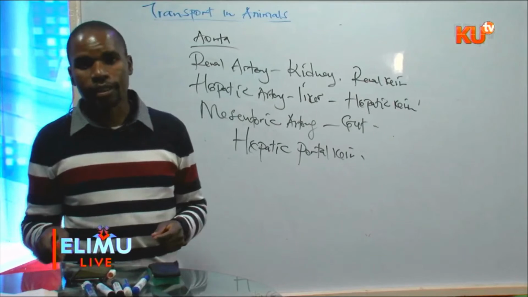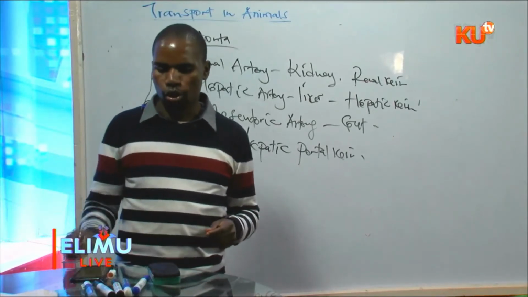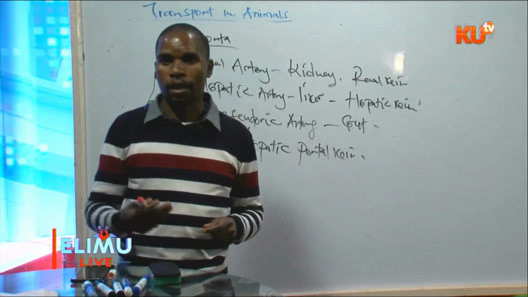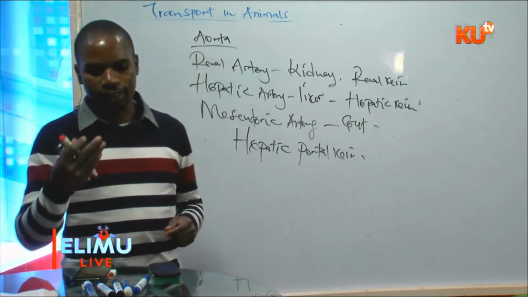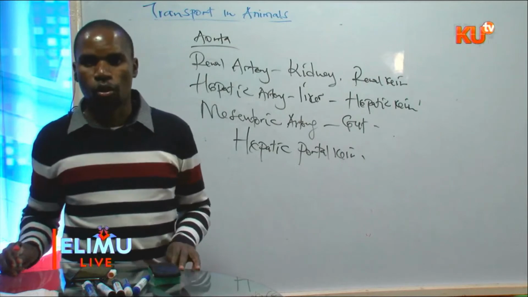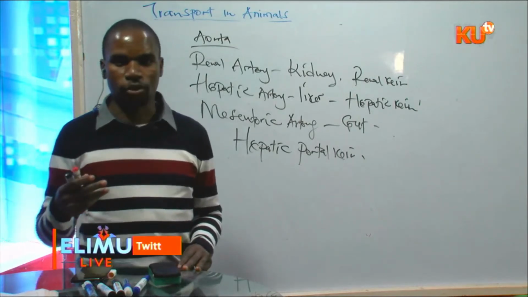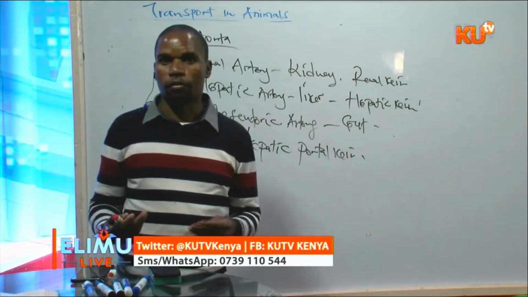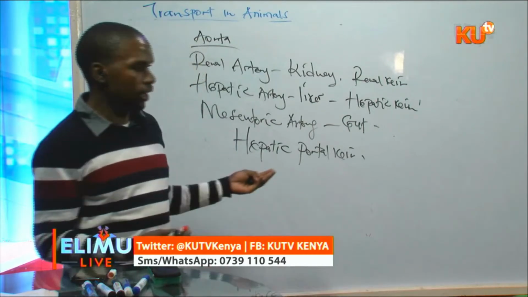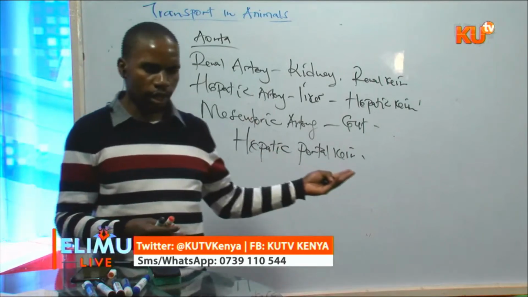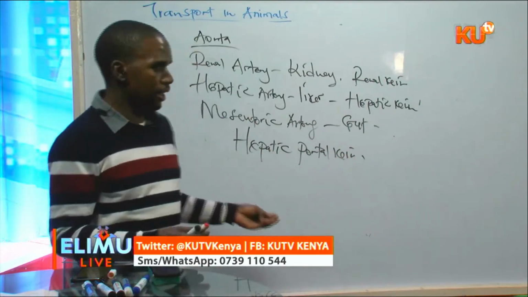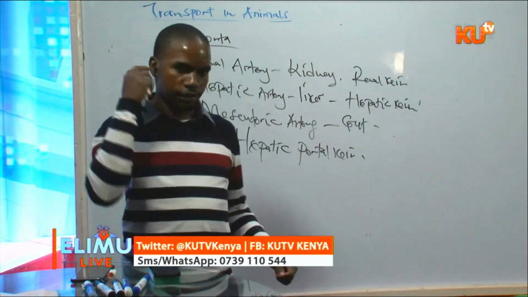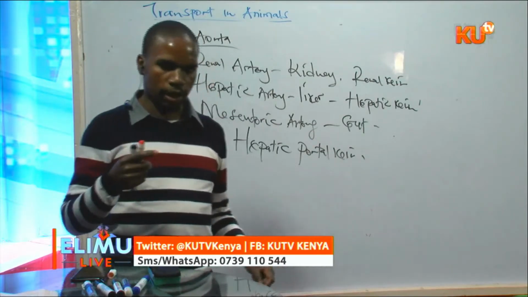What you ought to know is that all valves act as a prevention of backflow of blood. So when you are asked, you just ought to know where the valves are located. For instance, the bicuspid valve or the mitral valve ensures that the blood does not flow back to the left auricle or atrium.